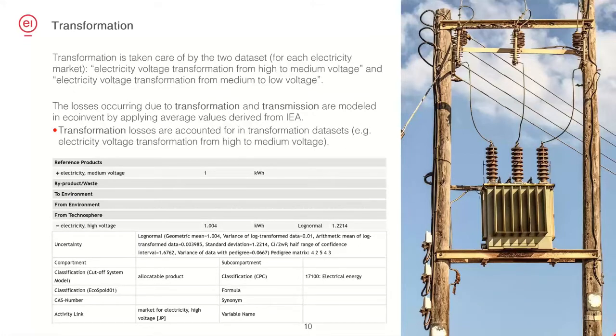And these look like this. So a data set produces, for example, the electricity voltage transformation from high to medium. It produces 1 kilowatt hour of electricity at medium voltage and is fed by the high voltage electricity with a certain factor. So this factor represents the losses that occur during the transformation.